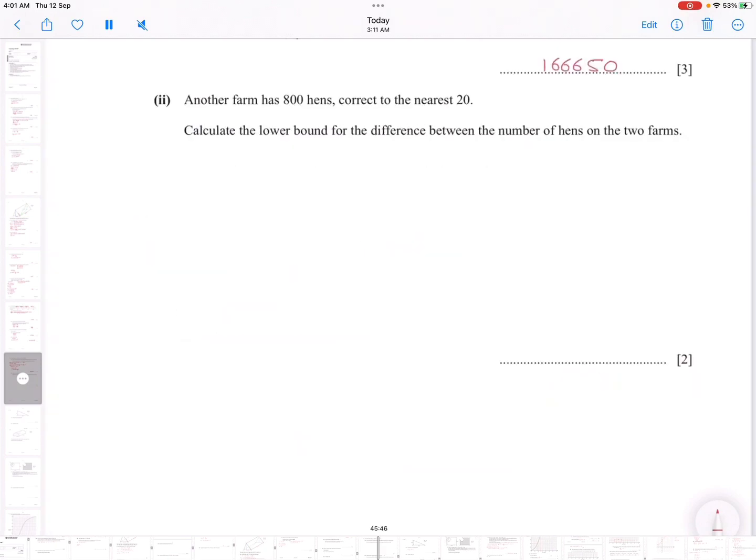Second part, another farm has 800 hens, correct to the nearest 20. Calculate the lower bound for the difference between the number of hens on the two farms. What you do is you subtract 10 from 800. 10 came from dividing 20 by 2.